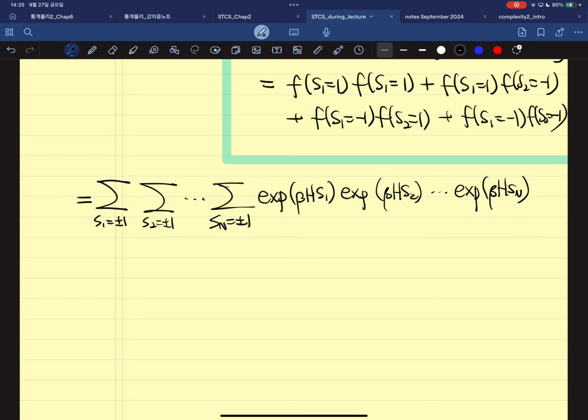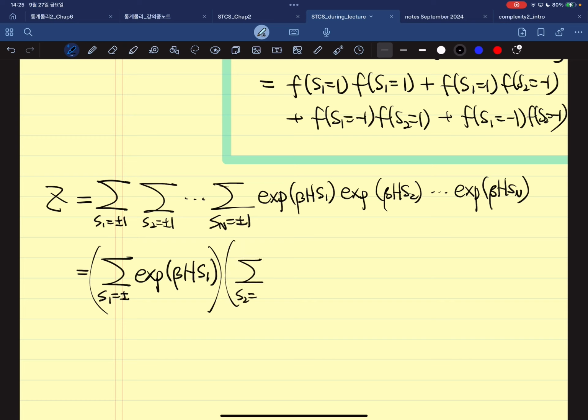So this was the partition function. And we can replace this one as exponential, and so on, the product all the way up to Sn.